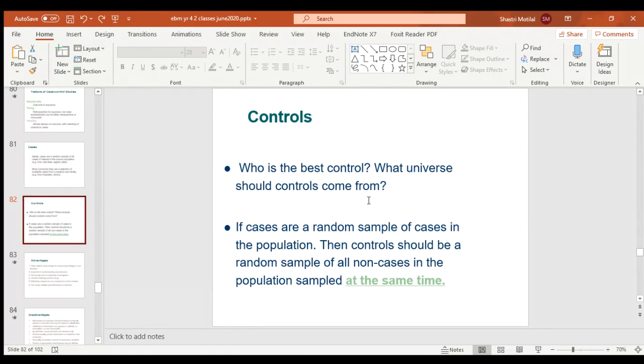You pick a group of controls through a process called matching, and there are different ways you could match. I'll just give you one example. If you have a 60-year-old man with lung cancer, the control should also be a 60-year-old man without lung cancer. And that's what they would do in practice when they do case control studies.